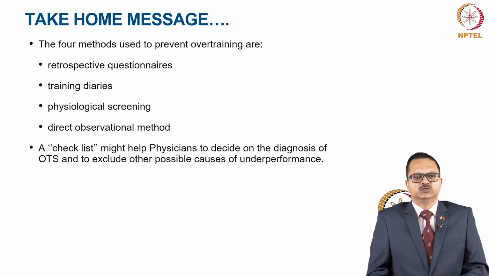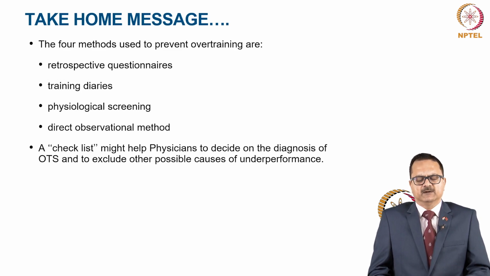The 4 methods used to prevent overtraining are retrospective questionnaires, training diaries, physiological screening, and direct observational methods. There should be a checklist which might help the physicians to diagnose overtraining syndrome and to exclude other possible causes of underperformance.